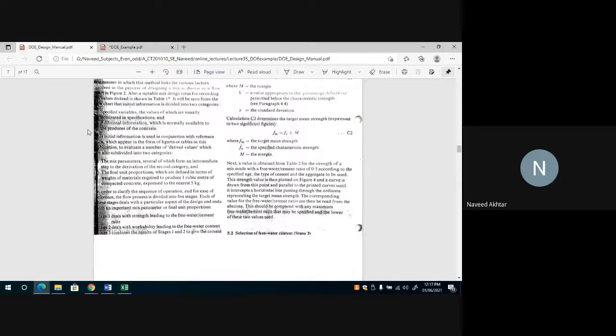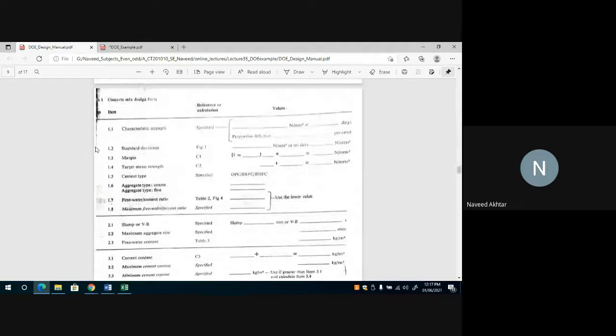If you come to table number 2 of your DOE manual, for OPC cement and uncrushed aggregate, the compressive strength at 28 days is 40 Newton per mm square.